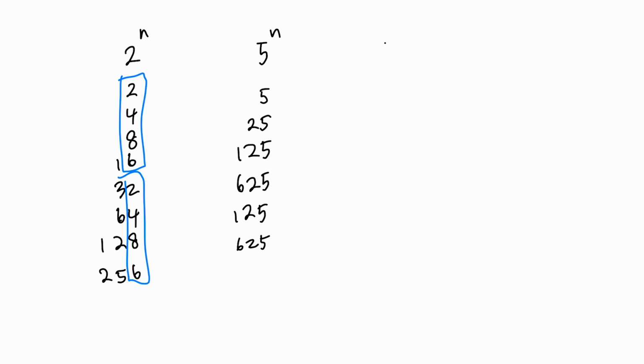And if we look at n, 1, 2, 3, 4, 5, 6, that has a cycle of 10. So in order for this 2^n and this n to repeat, we need the LCM of 4 and 10, or 20. So after we list 20, the unit digit will repeat.